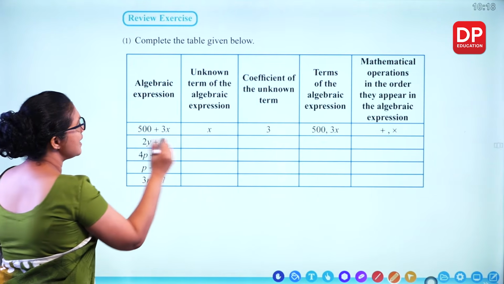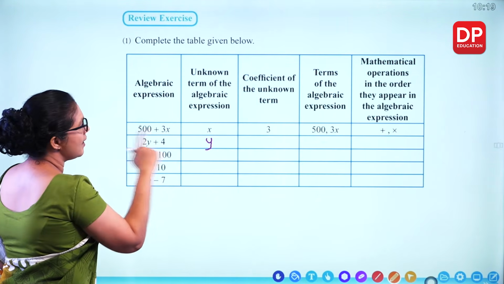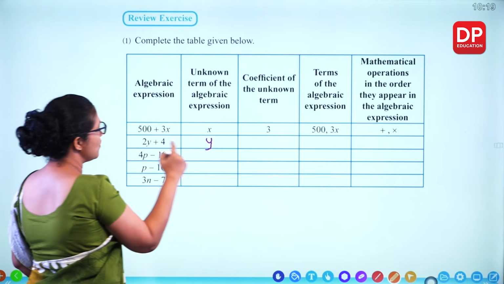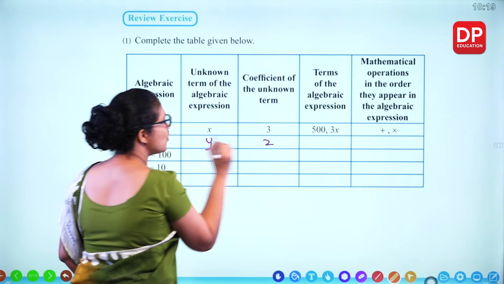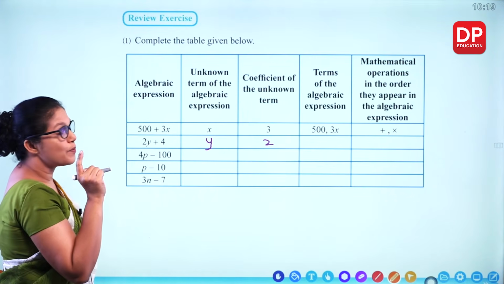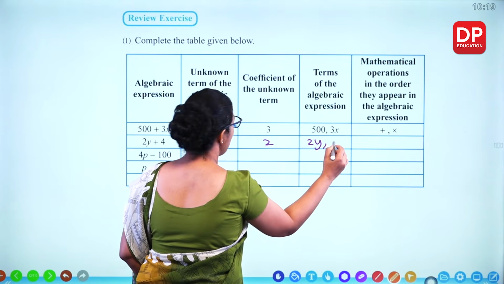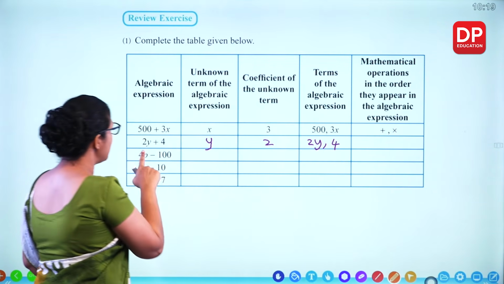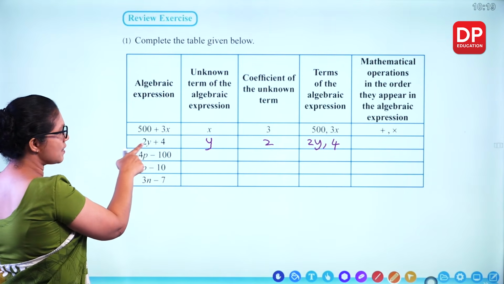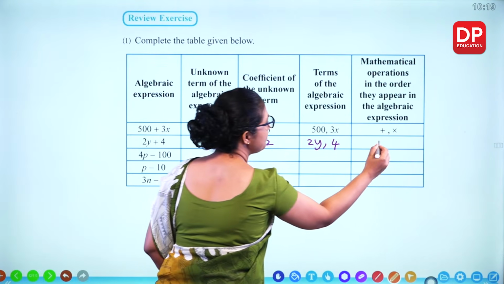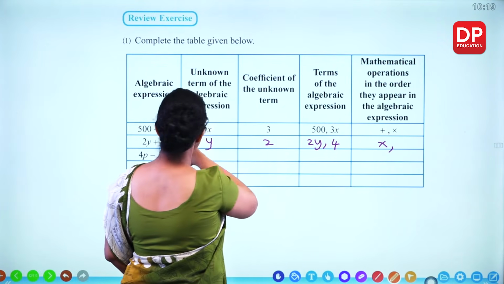What's the letter here? Y. What's the coefficient of that term? 2. What are the algebraic terms? 2y and 4. And what's the operation? First multiplication and then addition.